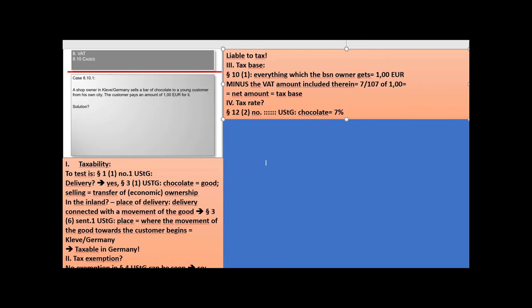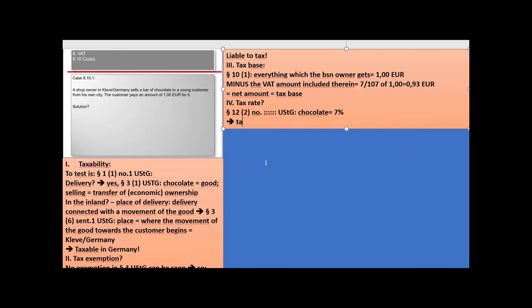So the best way is probably to take a calculator, and the calculator says that's €0.93. 45, okay, they are rounded down. The tax rate is 7%.